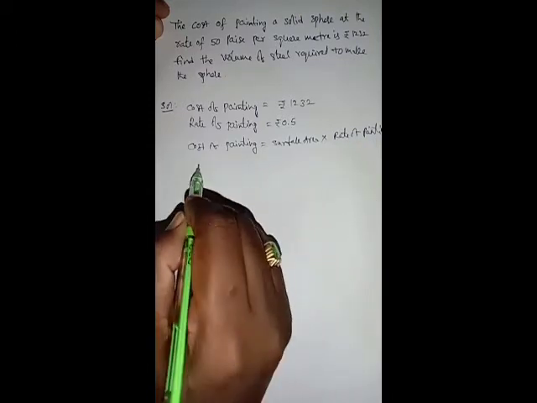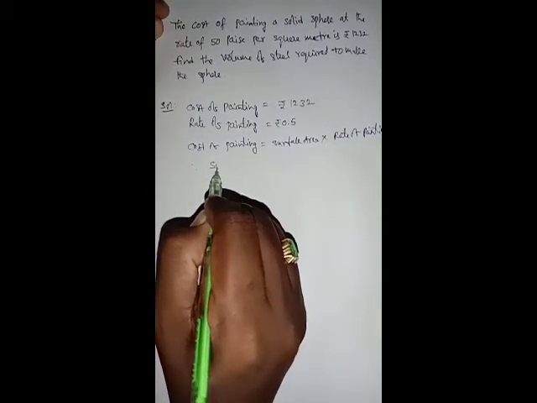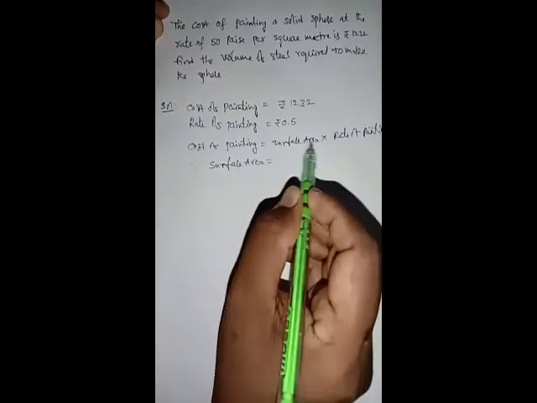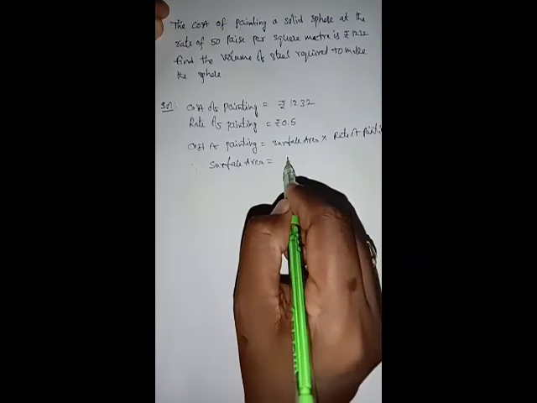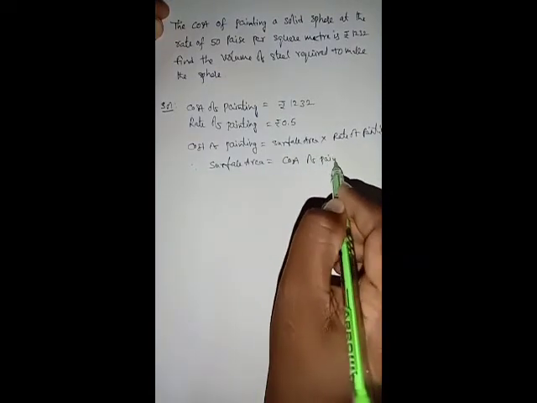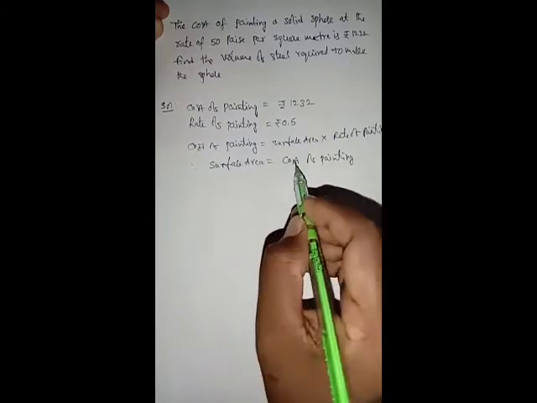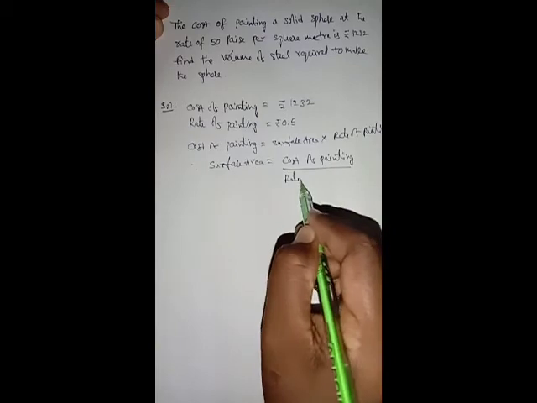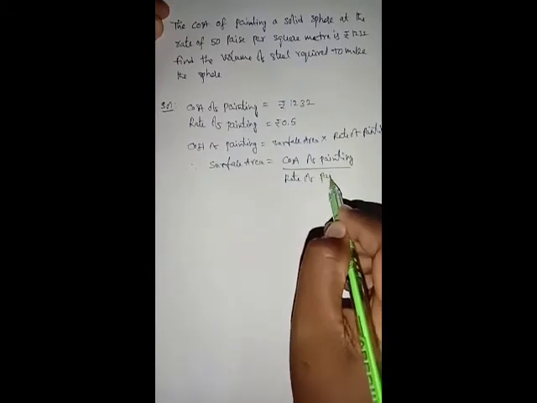So how do we get the surface area? Taking the rate of painting to this side, we have the formula: surface area equals cost of painting by rate of painting.